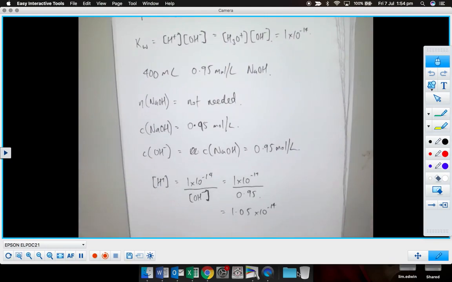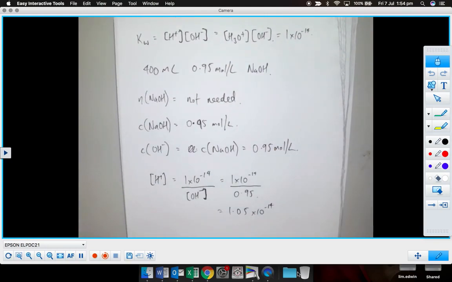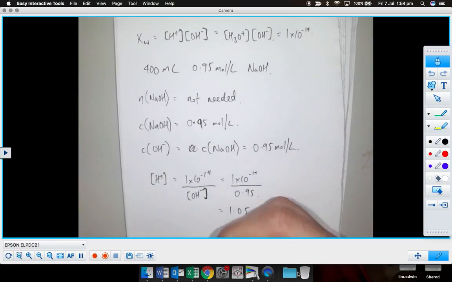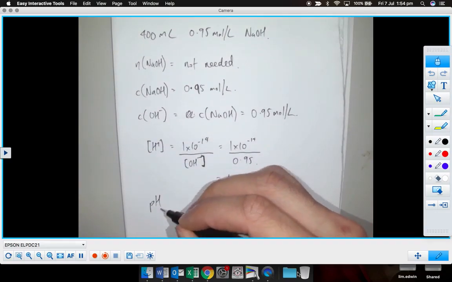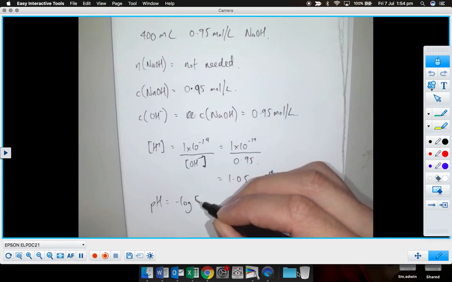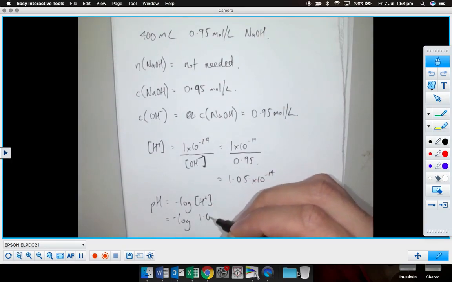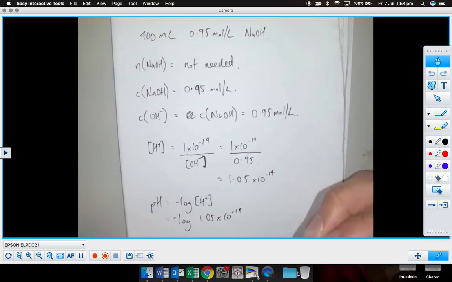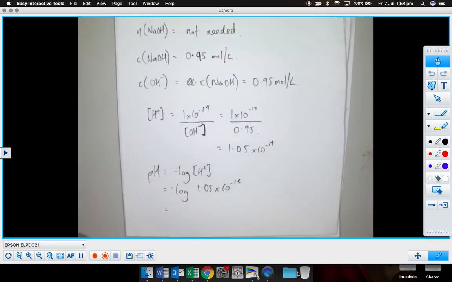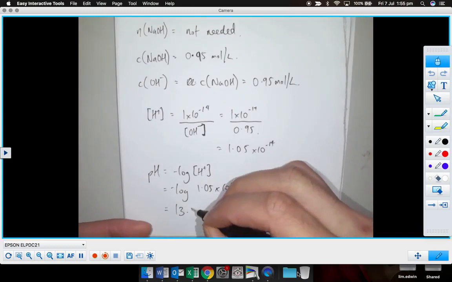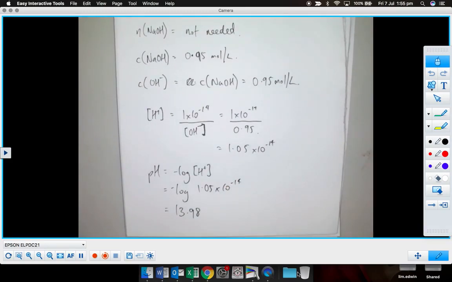All right, this is now the concentration of H plus. Now we can work out the pH, because it's equal to the negative log of this H plus, negative log 1.05 times 10 to the negative 14, which is equal to 13.98.